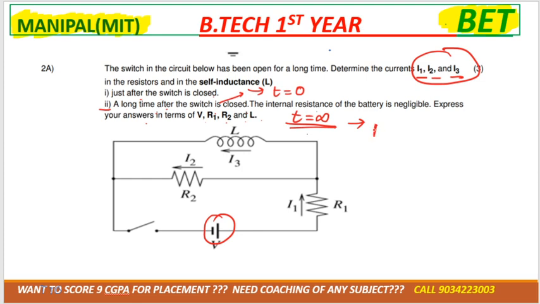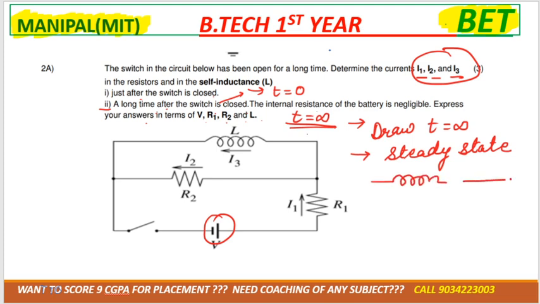Now as you know, we need to draw the circuit at t equals infinity, and t equals infinity is the steady state condition, right? And remember I told you, in the steady state condition the inductor will behave like a short circuit, correct?